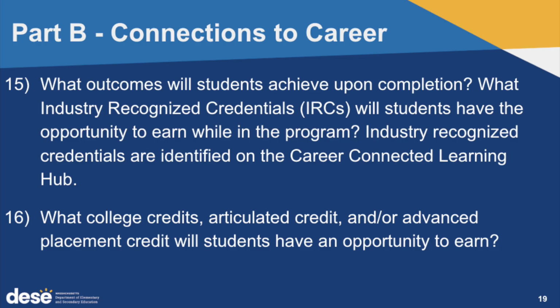Beyond IRCs, your pathway students should be able to obtain college credits, articulated credits, and/or advanced placement credits. In question 16, your response will list all of the different advanced academic credits that students will have an opportunity to earn, whether those are school-based or through a partnership.